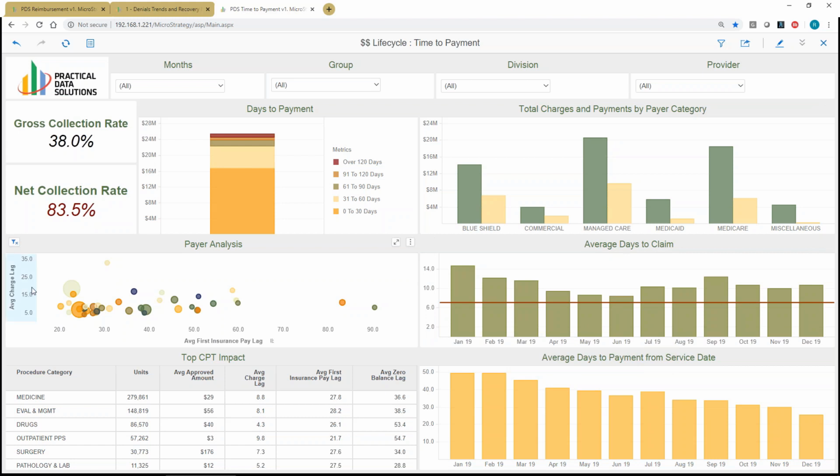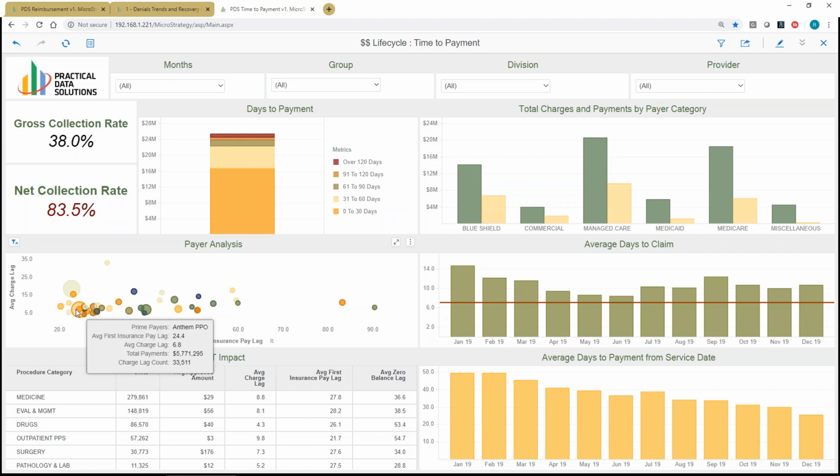The next chart I wanted to talk about here was the payer analysis. We're really measuring how long it's taking us to get our charge into the system and to the payer, and then how long the payer takes to pay that claim. So we want our bubbles to be in the lower left-hand corner of this graph.